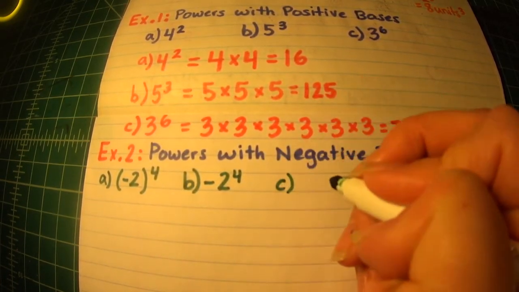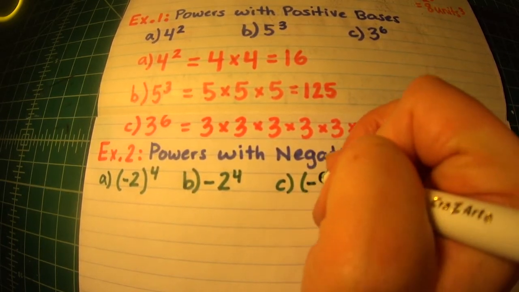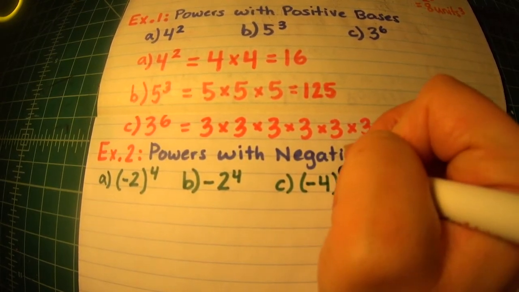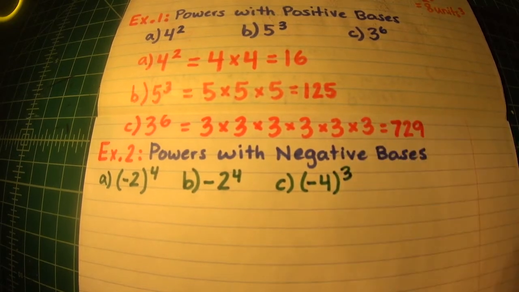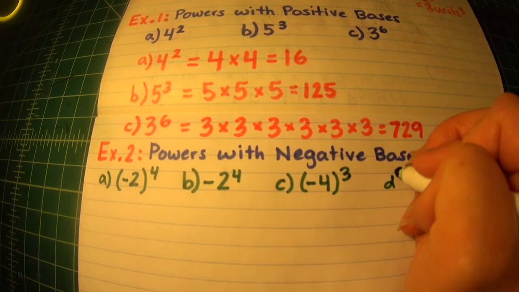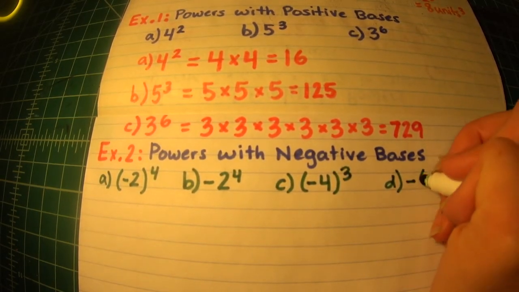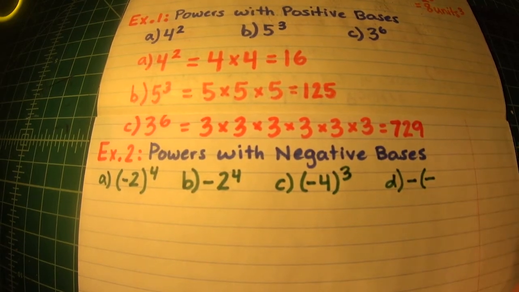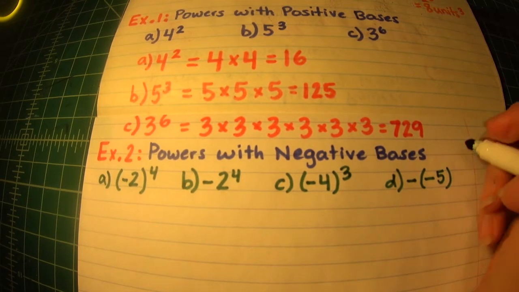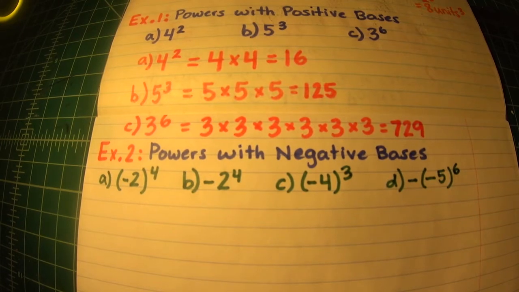C, we've got bracket -4 end bracket, all raised up to the exponent 3. And finally, example D, we have negative bracket -5 end bracket, all raised up to the exponent 6.